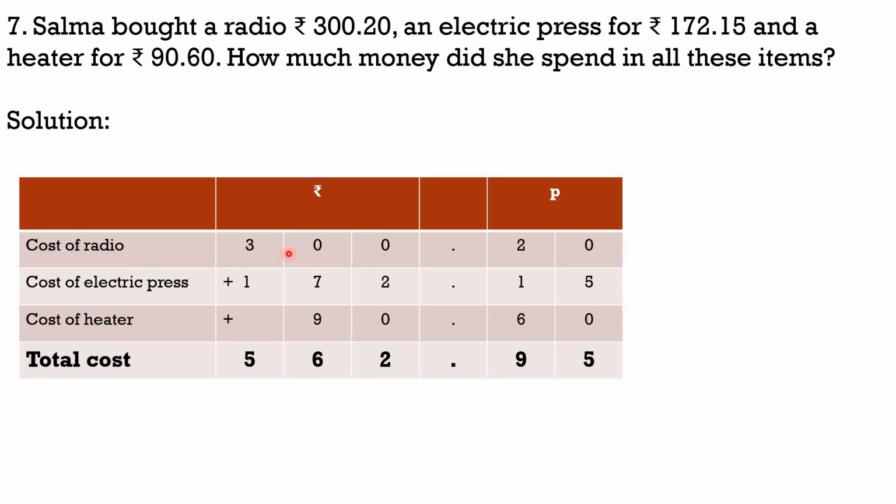Cost of the radio is 300.20, cost of the electric press is rupees 172.15 and cost of the heater is rupees 90.60. When we add all these items, we get a total of rupees 562.95 that she has spent on all these items.